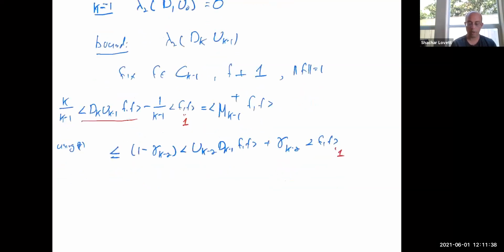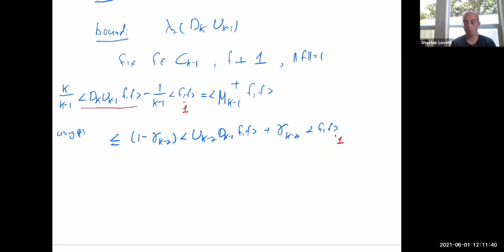Now we can use induction to apply the bound we want, since this is exactly the expression we have in the induction case.